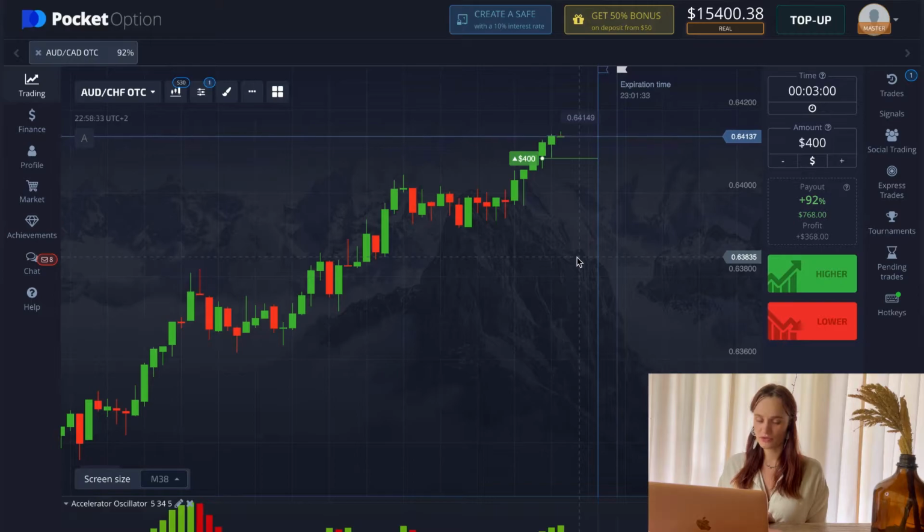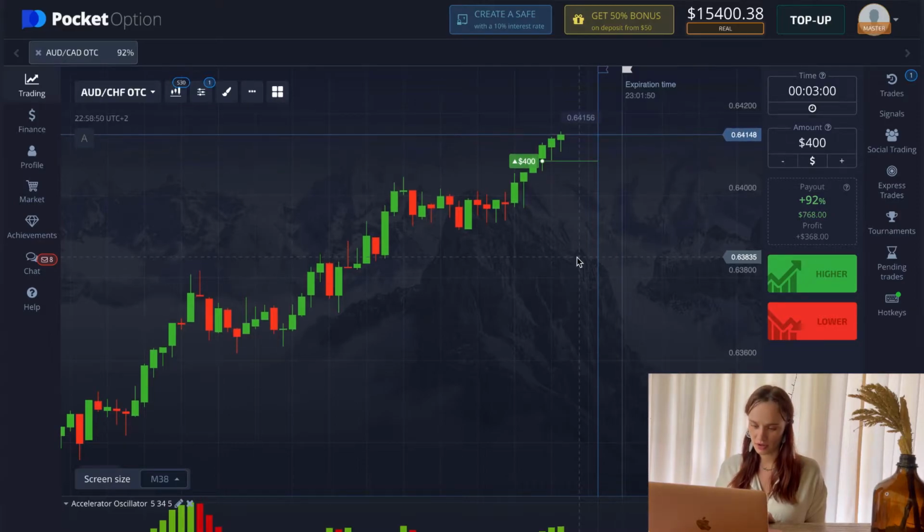In the 3 minutes time frame, the price rises above the previous level. If we observe the chart, we can already see that the price has risen above the previous level.